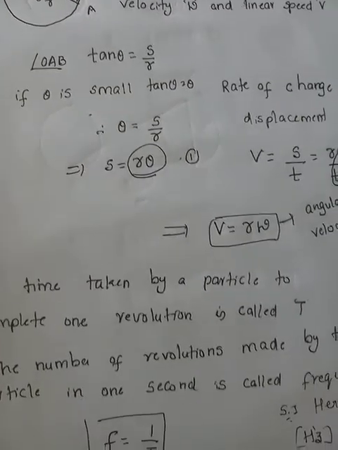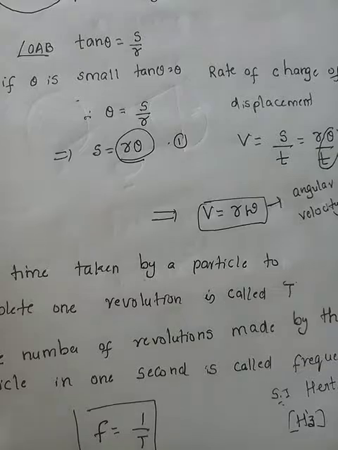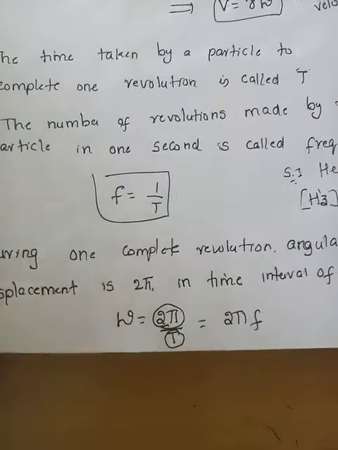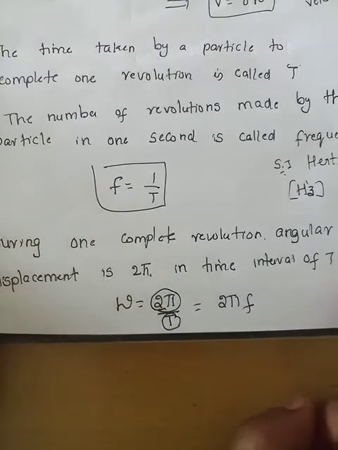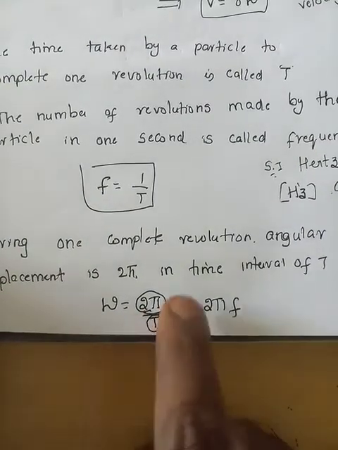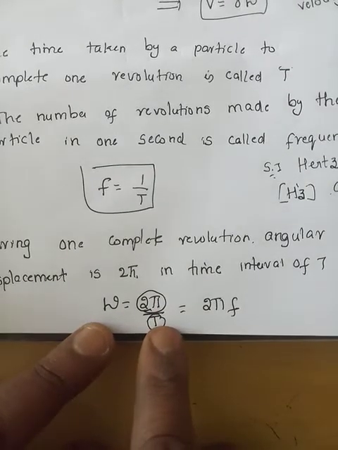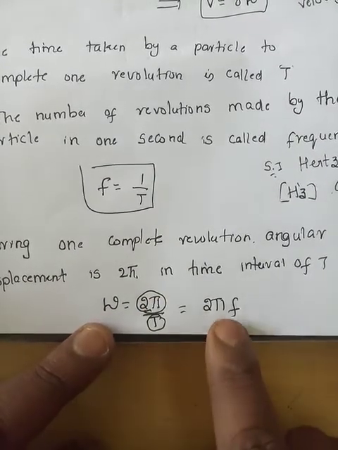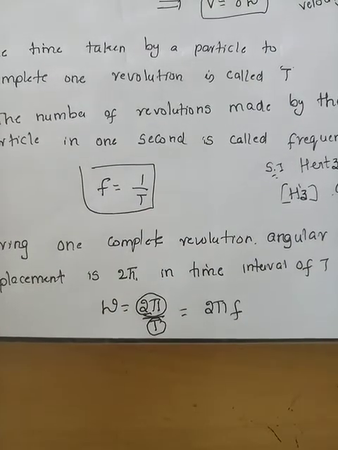The relation between frequency and time period is f is equal to 1 by T, and as we know, to complete one rotation, total angular displacement is 2 pi and time taken is T. What is angular velocity? Angular displacement 2 pi, time taken T. So, 2 pi by T, that is equal to 2 pi into f, because f is equal to 1 by T.